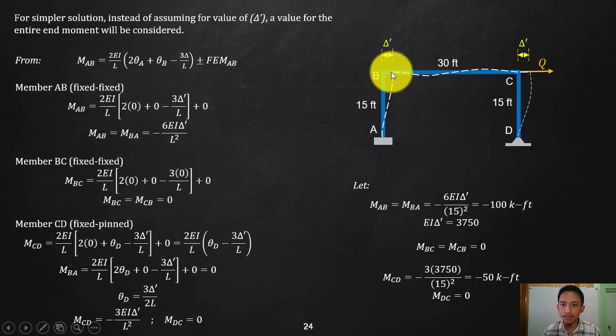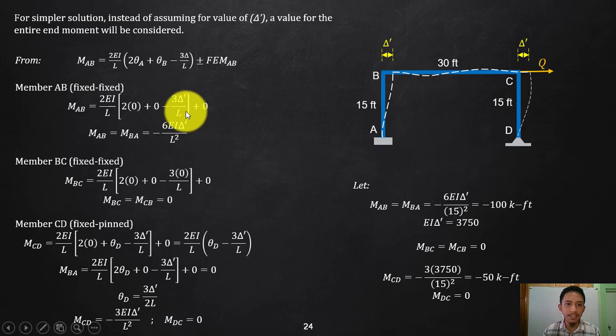So if you look at this, originally B and C are at the same elevation, and even after the deflection, they are still at the same elevation. So there is no delta for BC. Therefore everything is 0. So your MBC and MCB are 0.